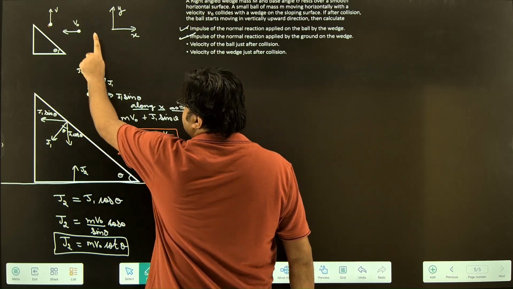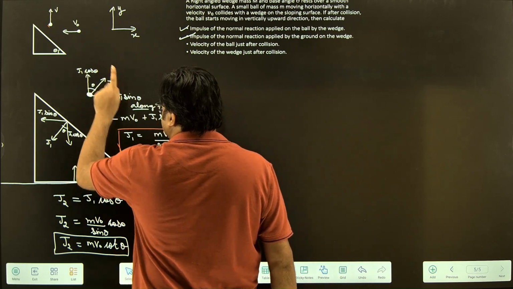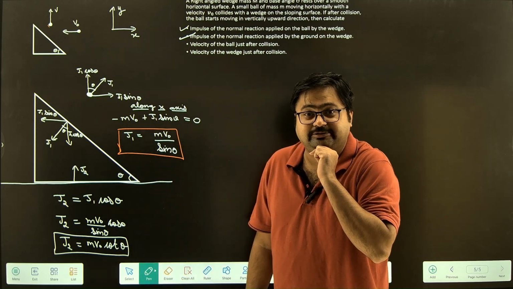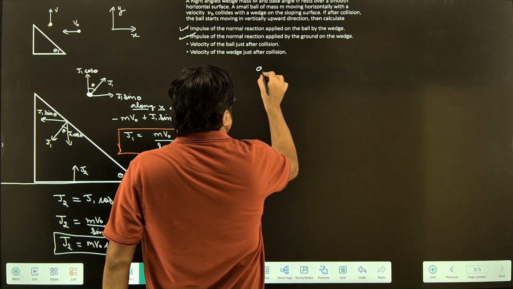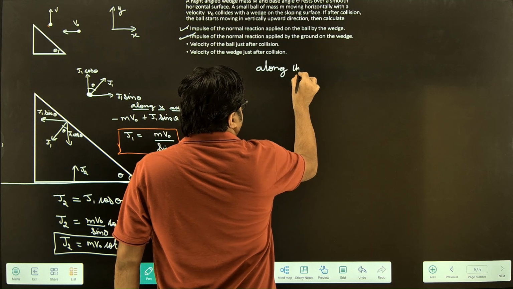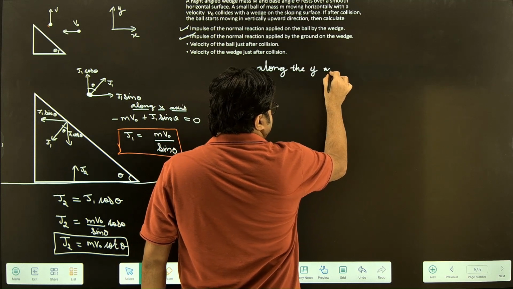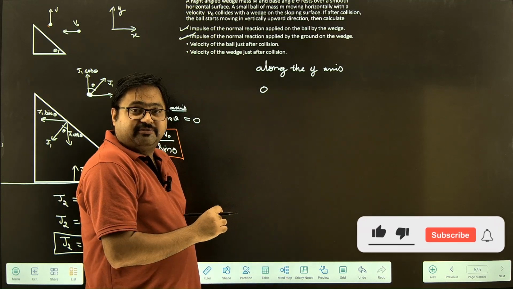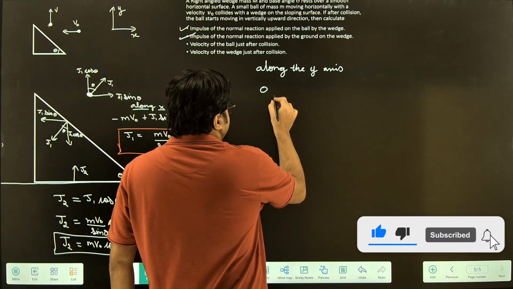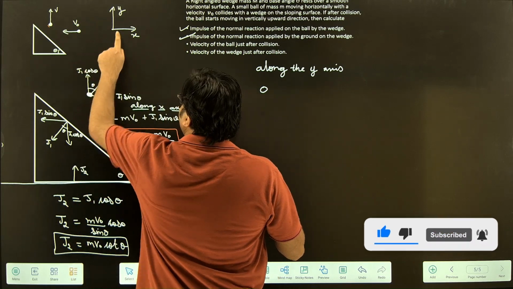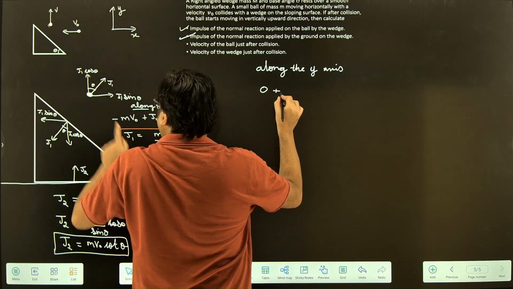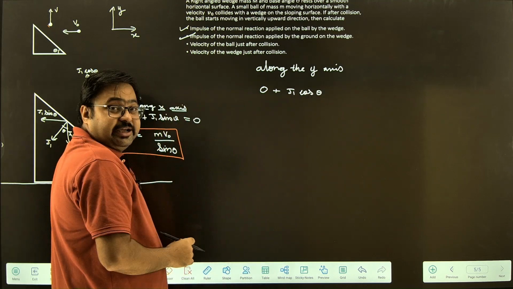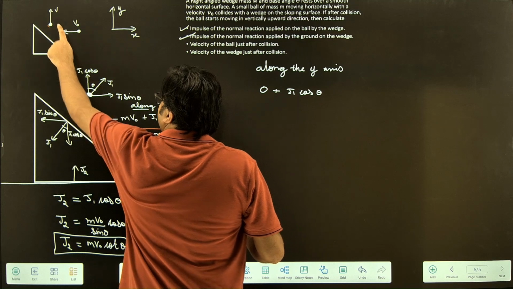The ball is now moving in the upward direction because of this impulse, J1 cos theta. Before it collided with the wedge, it was not moving along the y direction, so its momentum is 0 along the y axis. Now it receives an impulse in the positive y direction. So plus J1 cos theta is its impulse, and because of which it starts moving in the upward direction with a velocity v.